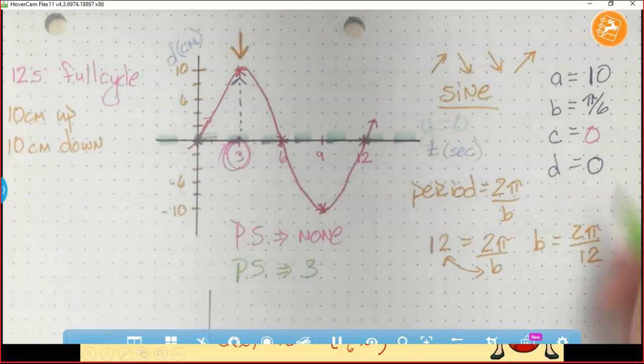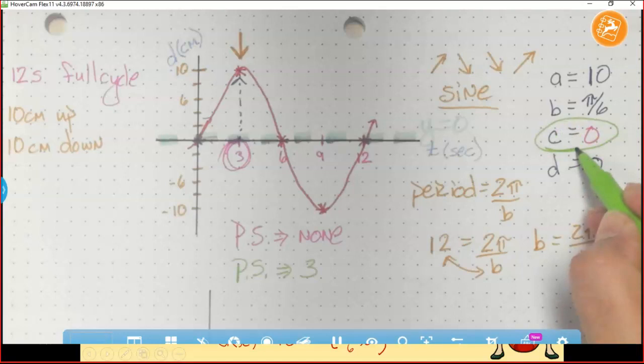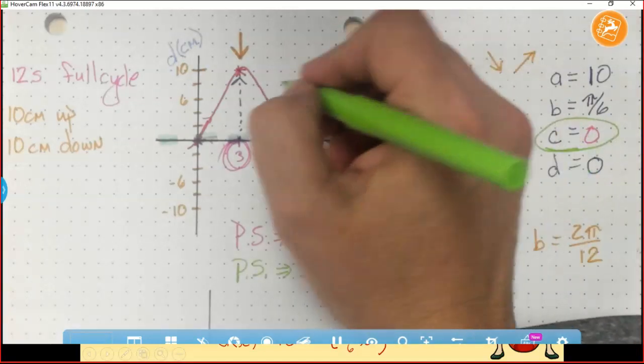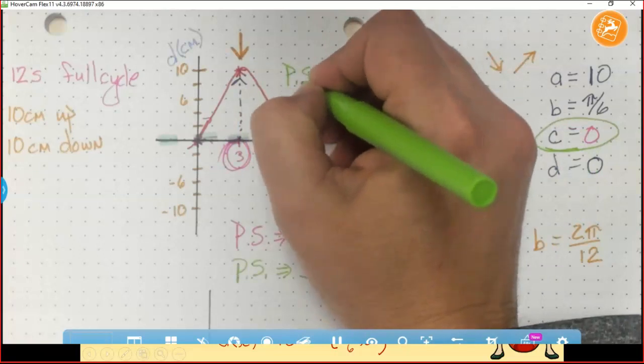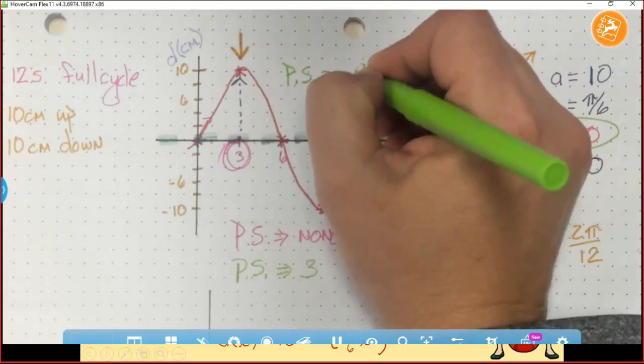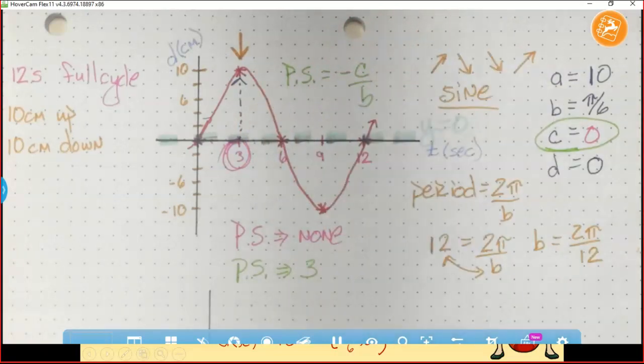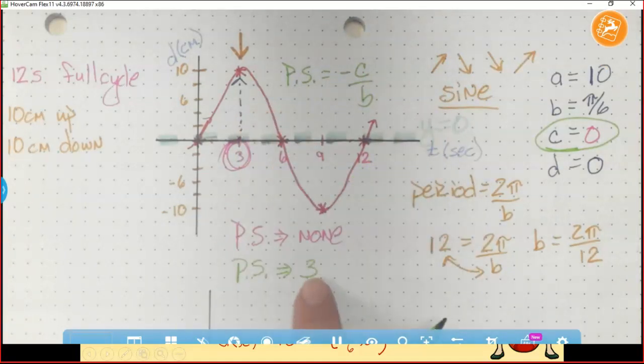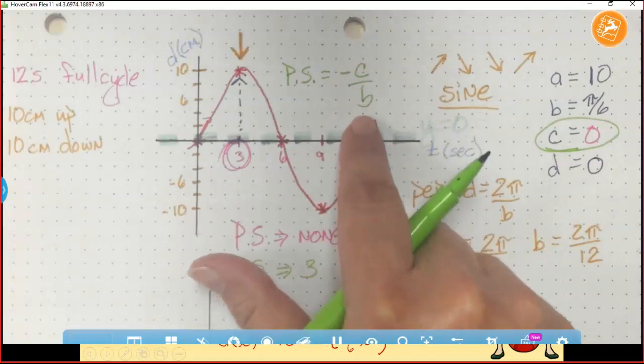Now my formula for the phase shift is equal to negative C over B. I know that my phase shift is 3. I don't know the C value, but I do know the B value.